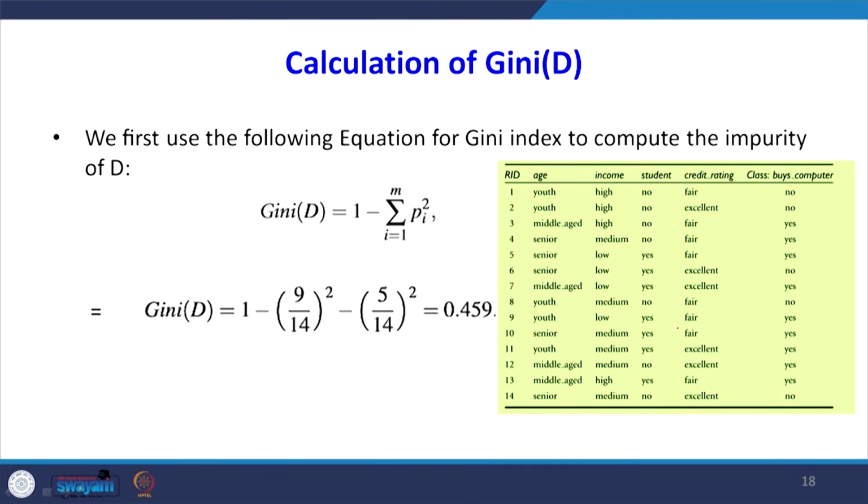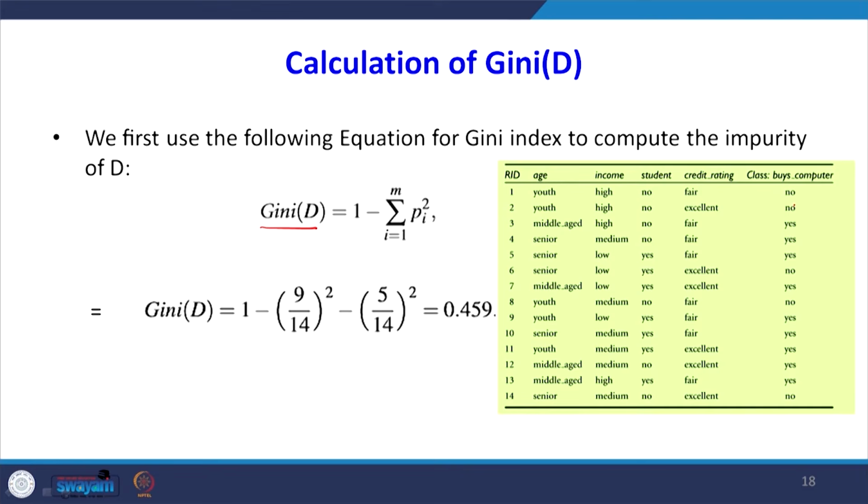Now, we will go for calculation of Gini index. We first use the following equation for Gini index to compute the impurity of D. So, first we will find out the Gini of D, which is 1 minus summation i equal to 1 to m, p i square. M is the number of levels. So, what is the p?